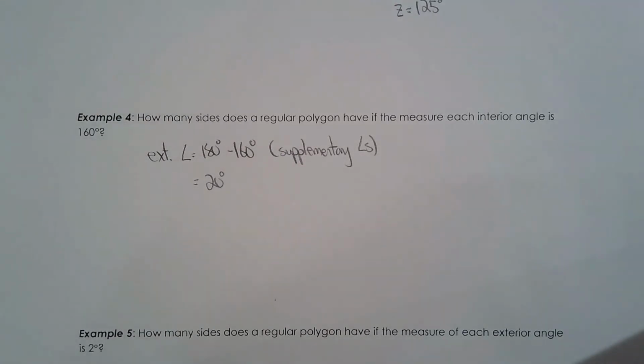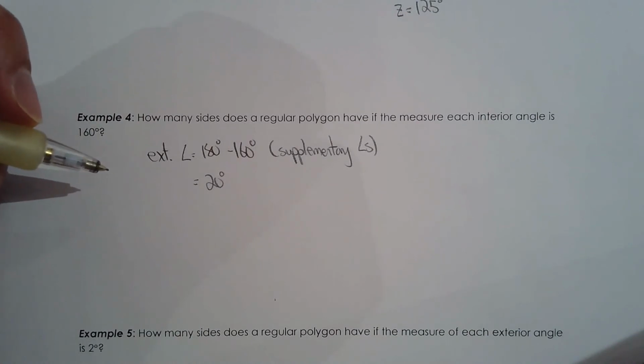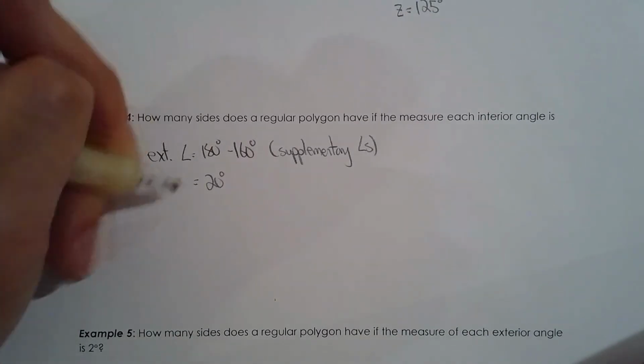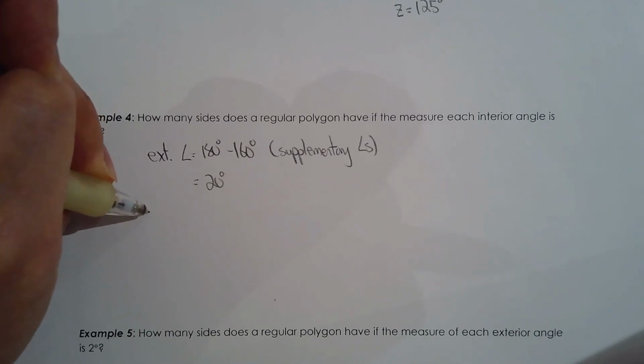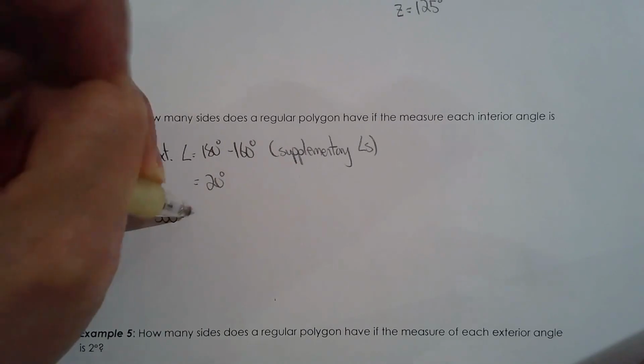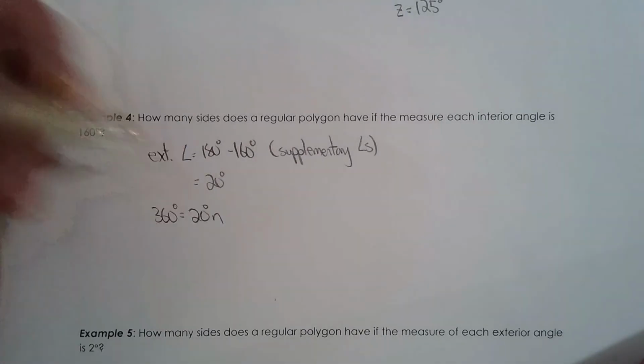This is very similar to example 2 actually. In fact, it's pretty much the same question. Instead of 160, it was 140. So the sum of the exterior angles, 360 degrees, equals 20 degrees times n. Each exterior angle is 20 degrees, and there are n of them.